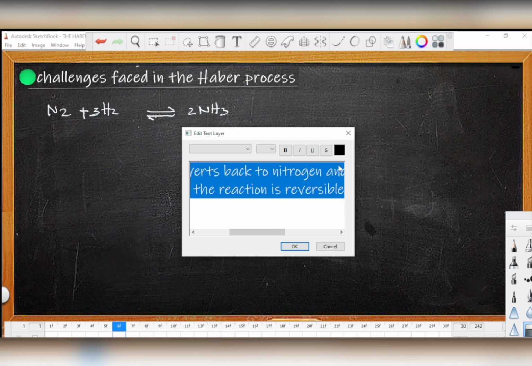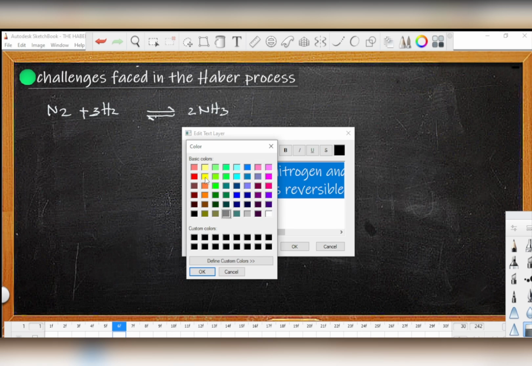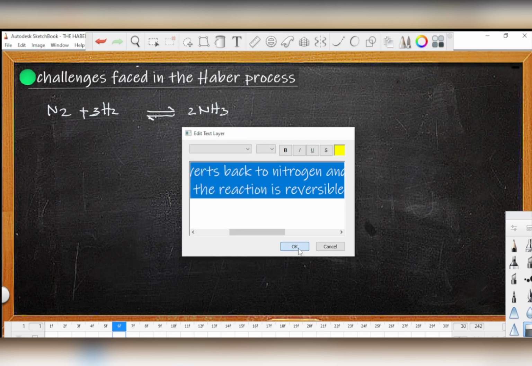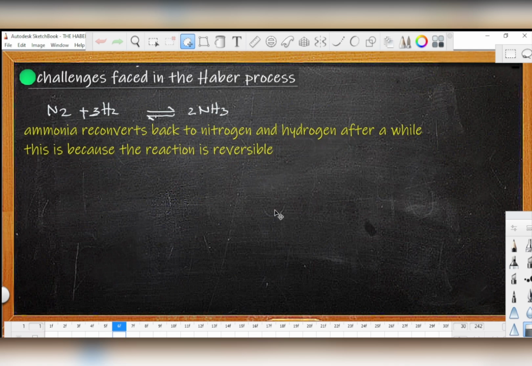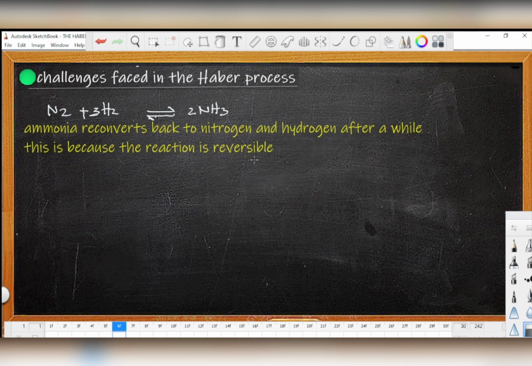So this poses a problem. Can industry solve this problem? Yes. How did they solve this problem? They solve this problem by removing the ammonia each time a little amount is formed. They just remove it.